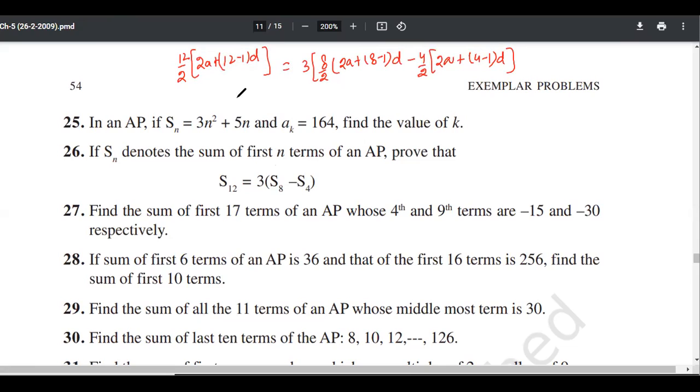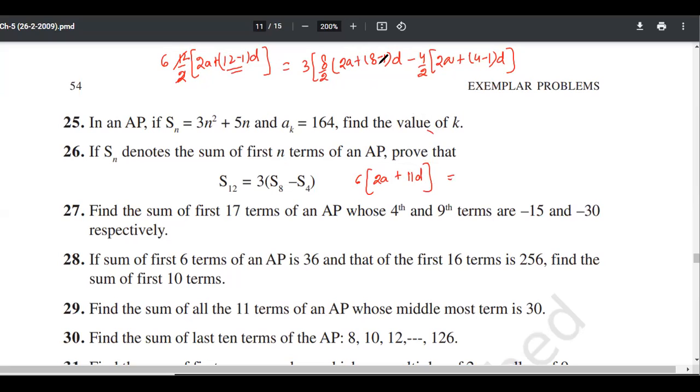Got it? Now this is 6. Now 6 twos are 12, or you can simply let it be the same as 6. So we can say here that 6 is equal to 2a plus 11d.